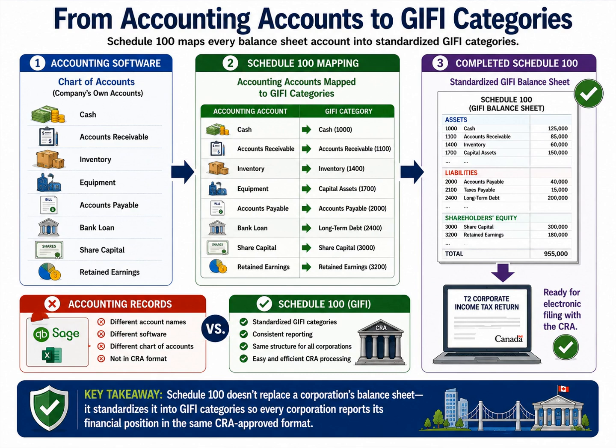The key takeaway is that Schedule 100 serves as a bridge between a corporation's internal accounting system and the CRA's reporting requirements. Regardless of the accounting software or account names used by the business, every balance sheet account is mapped into a common GIFI structure, ensuring consistent reporting, efficient electronic filing, and accurate processing by the Canada Revenue Agency.